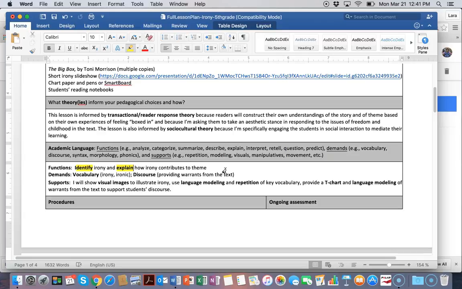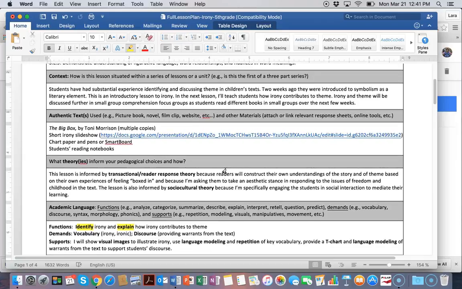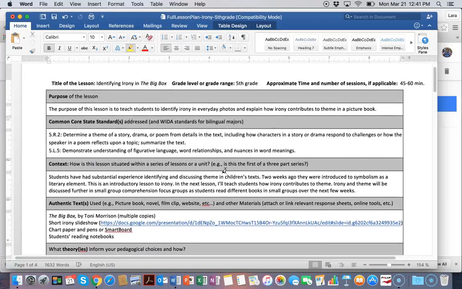And again, just like with the previous lesson plan, you'll go up to the purpose of the lesson and you're going to see those same verbs: identify and explain. The purpose of this lesson is to teach students to identify irony in everyday photos and explain how irony contributes to the theme in a picture book.